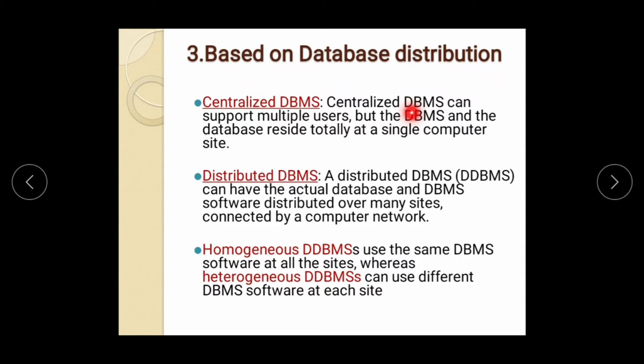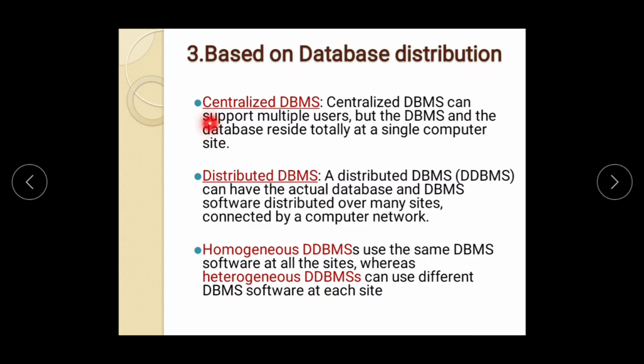There will be a centralized database and many clients will be attached to it. The clients will be accessing this database through this centralized system. That is called a centralized DBMS.